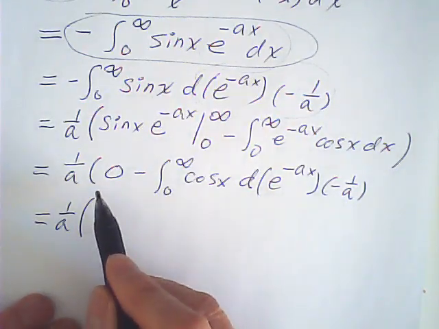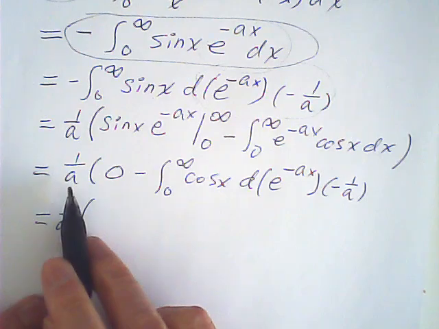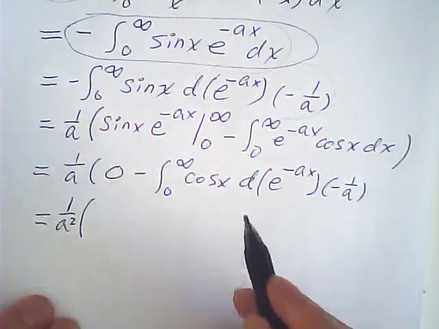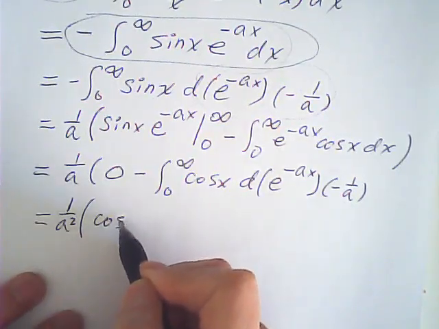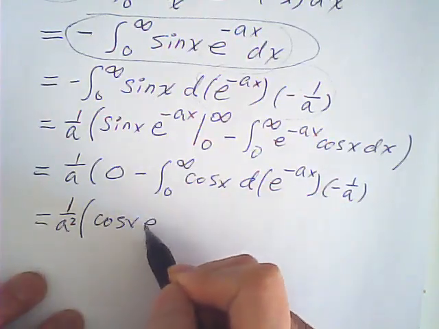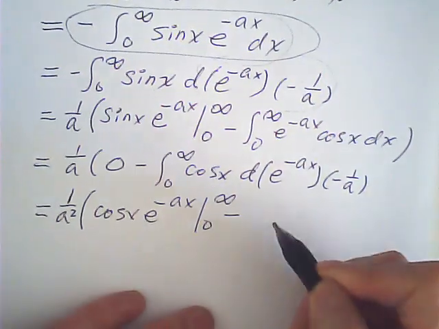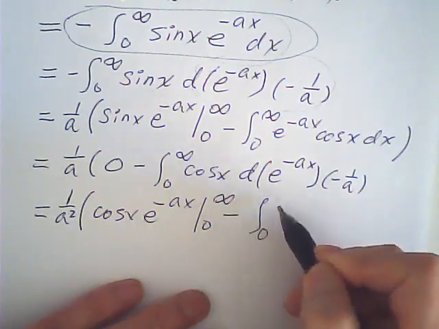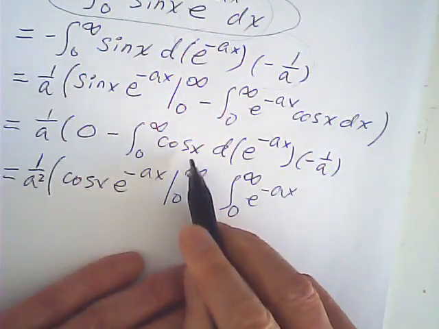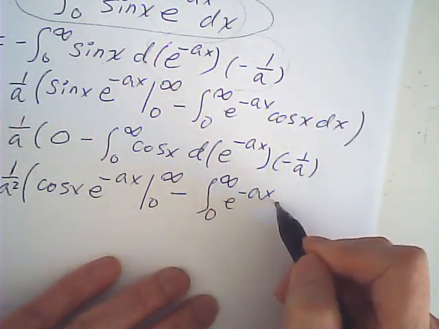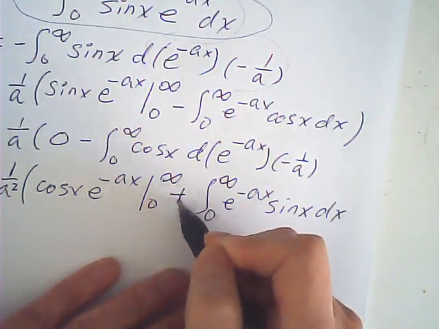Taking out, this is a squared. Now then, uv minus the integral of v du. du is a negative sine x, so I change this one to plus.